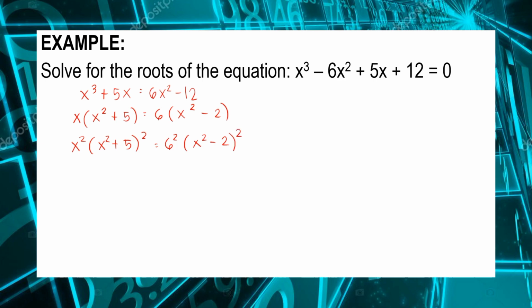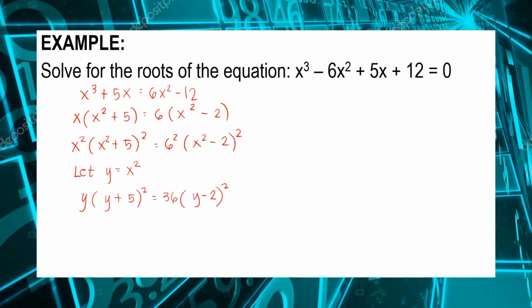Then, let us assume a value. Let y be equal to x squared. Then we'll substitute this value in this equation. So this will be y times y plus 5 squared is equal to 36 multiplied by y minus 2 squared.